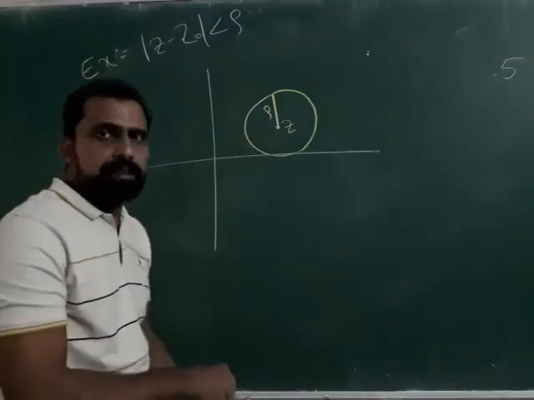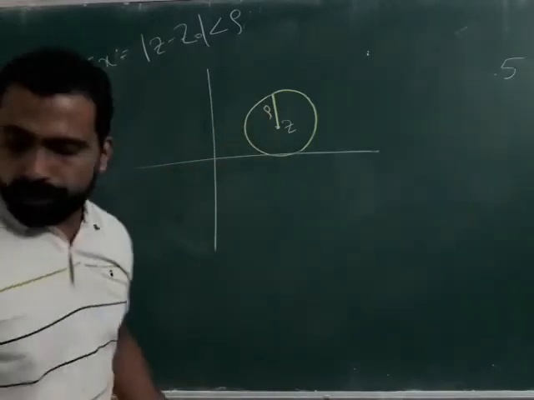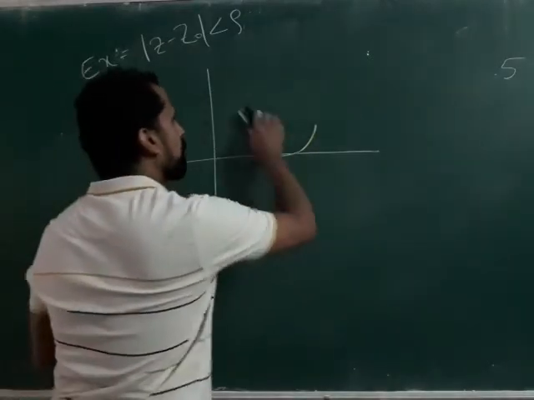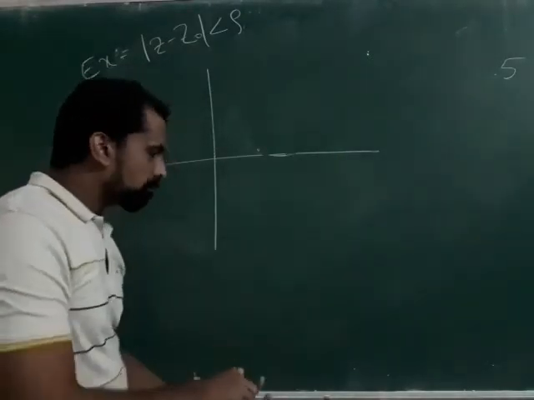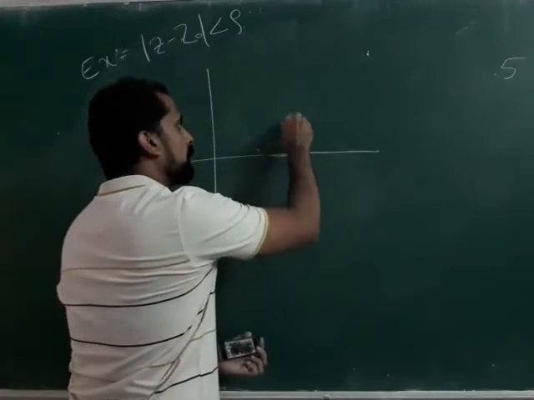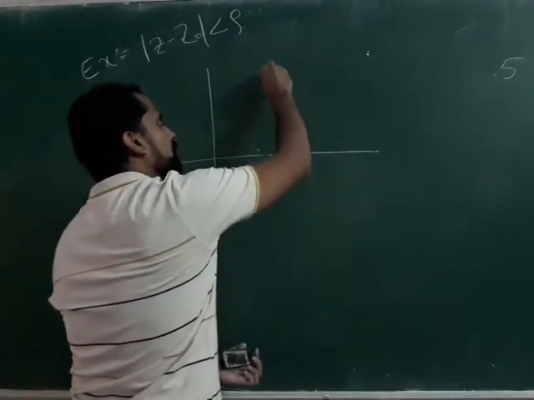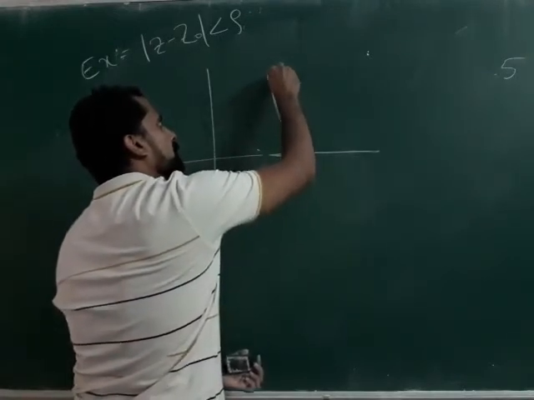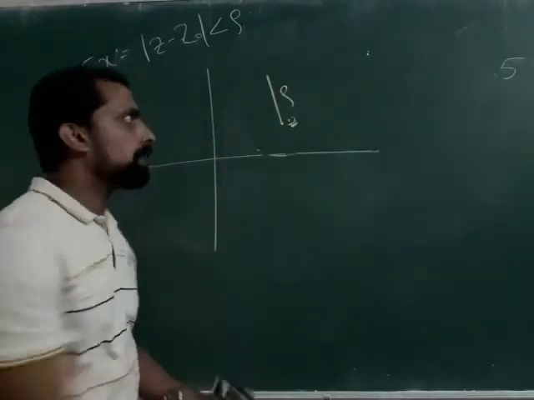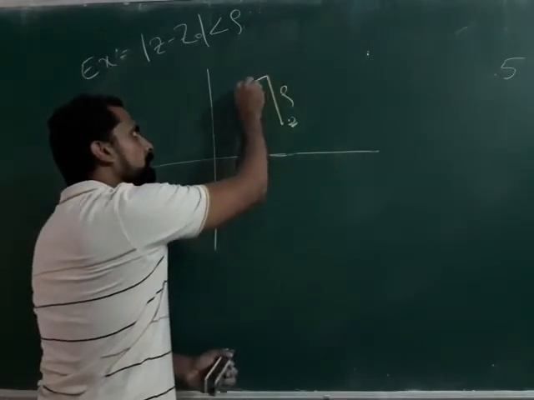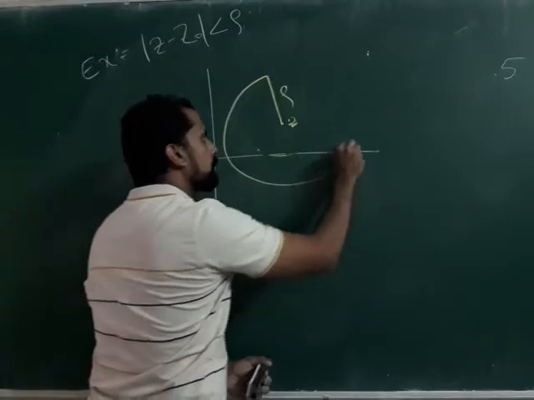You can also take, for example, this is your z, and your rho has a little bit higher value. In that situation, it will come like this.